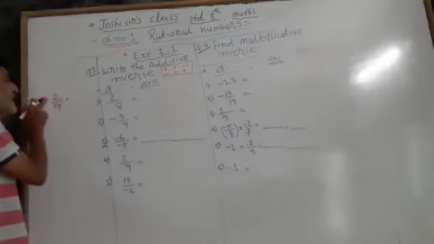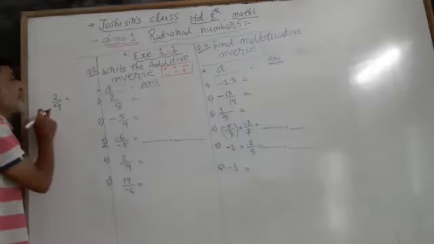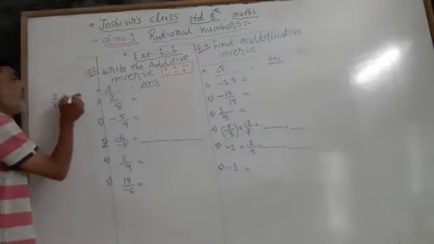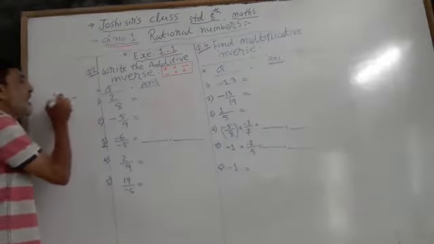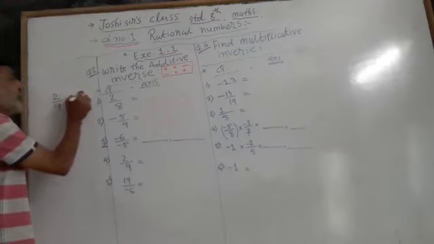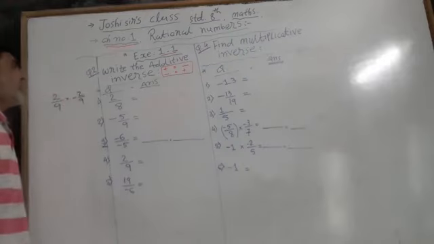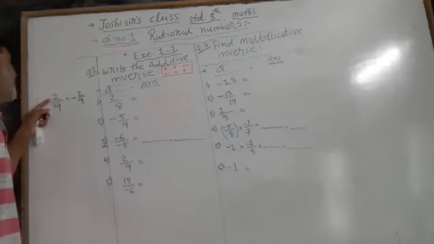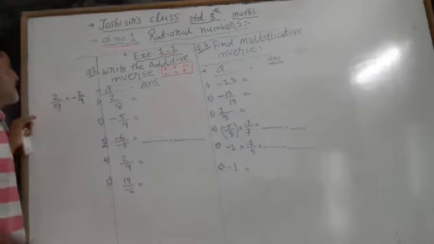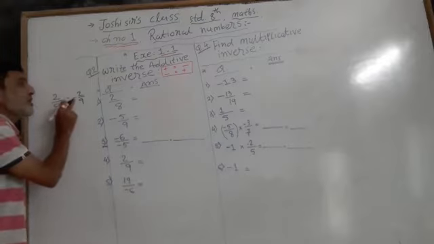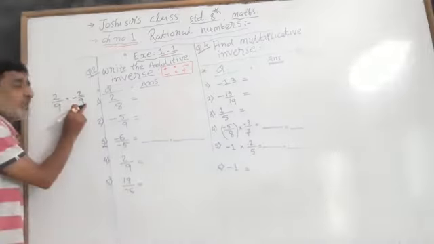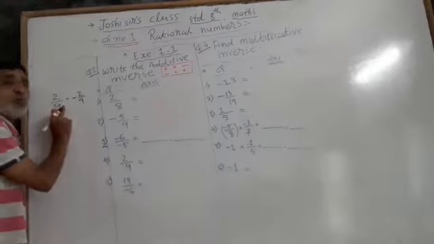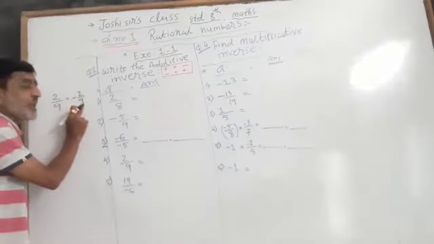See here, given number is positive, so the answer will be negative. So we will put first the minus sign, then the answer is minus 2/9. So you understand, if the given question is 2/9 and we change it into additive inverse, then the answer is minus 2/9. That means we change only the sign, the number will be the same.